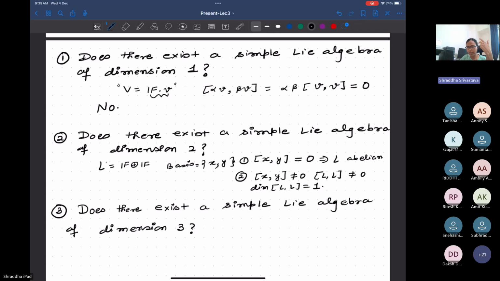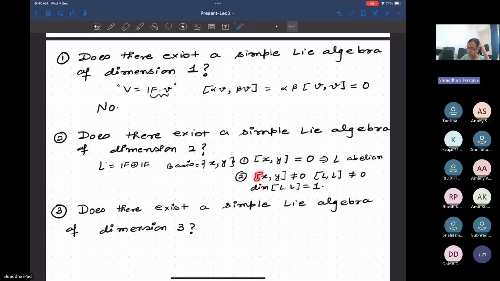But from here you can immediately say that it is not possible to have a two-dimensional simple Lie algebra. Because in the first case, the commutator will be identically 0, L will become abelian, not possible. In a simple Lie algebra, we put the condition that the derived algebra must be non-zero.